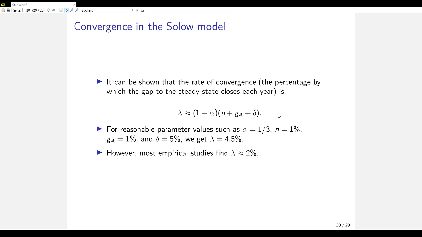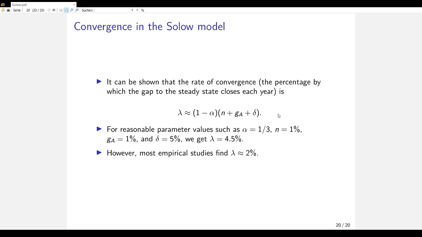So a country each year eliminates 4.5% of the distance to its steady state, or if you will, the poorer countries catch up with the richer ones, conditional on their steady state levels, with a rate of 4.5%. That's what the Solow model would predict.